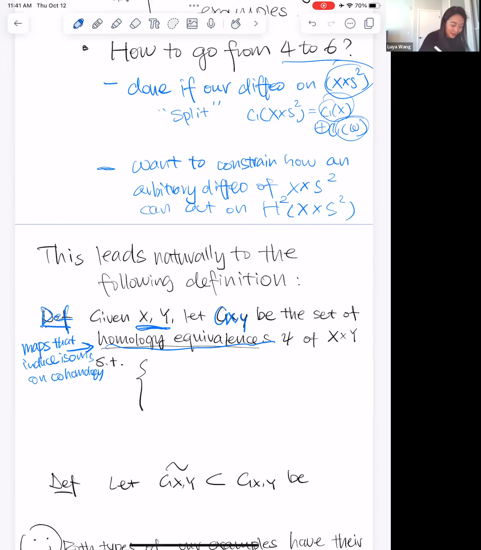But anyway, we define GXY to be the set of homology equivalences of X cross Y such that it preserves the second cohomology of the first factor, so it maps H upper 2 of X, Z to itself. And in addition, the projection map to Y is also a homology equivalence.